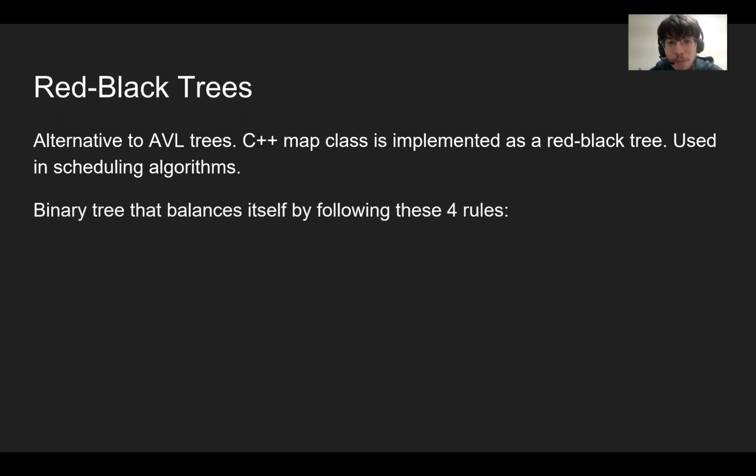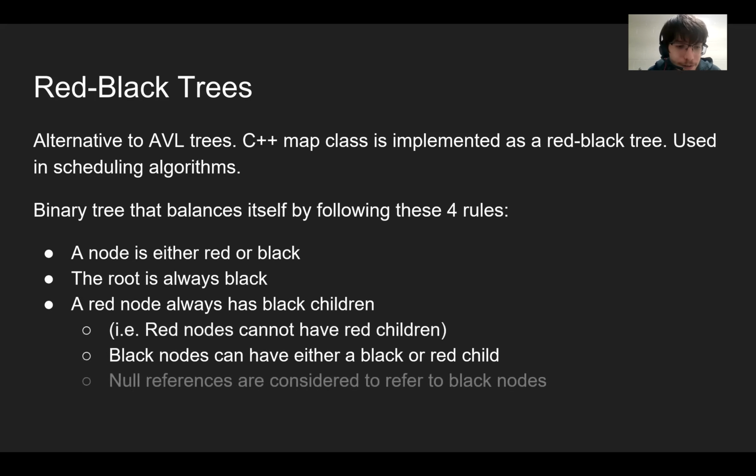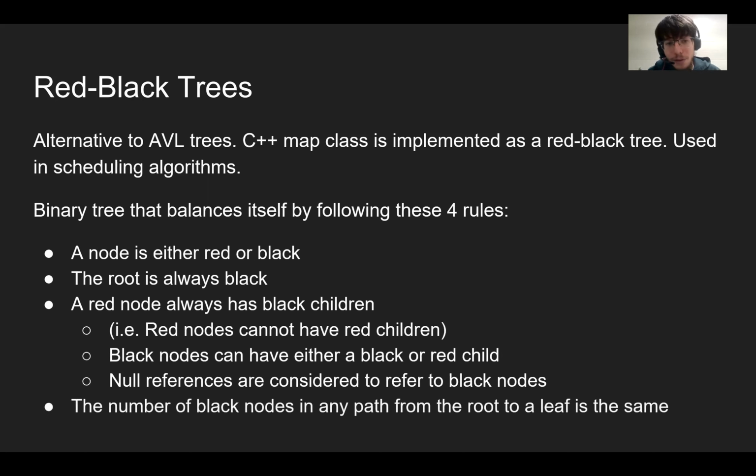So it's a binary tree that uses 4 rules, right? These are important rules to remember. To know whether a red black tree is valid, it has to follow these 4. You always have to have a node red or black, the root's always black, and a red node always has black children. So a red node cannot have red children. Black nodes can have either a black child or a red child, but red cannot have a red child.